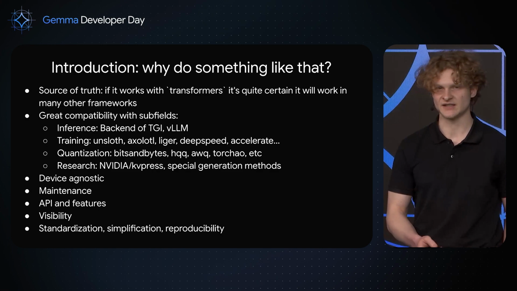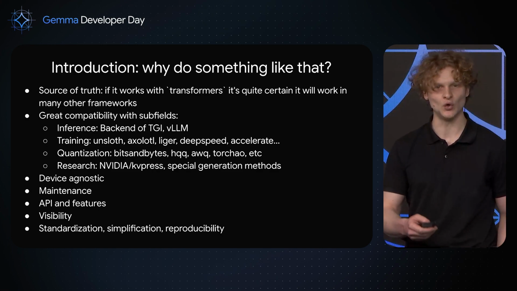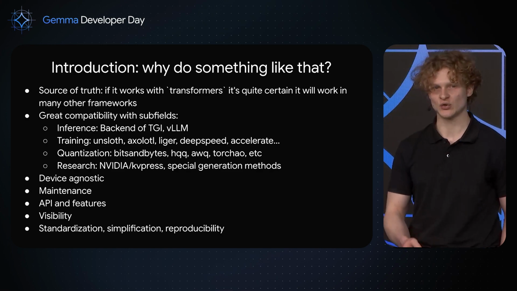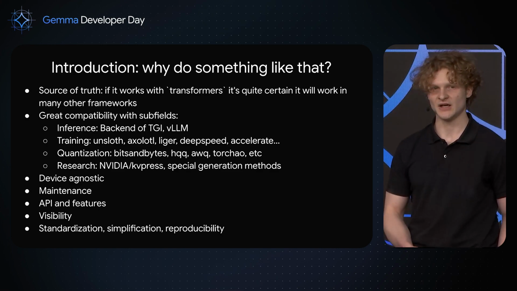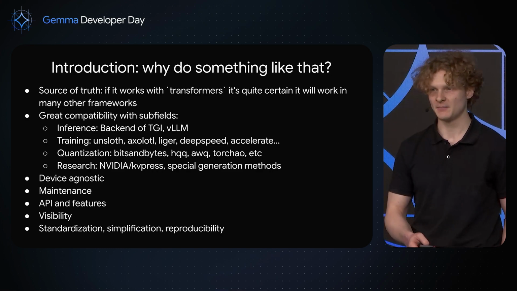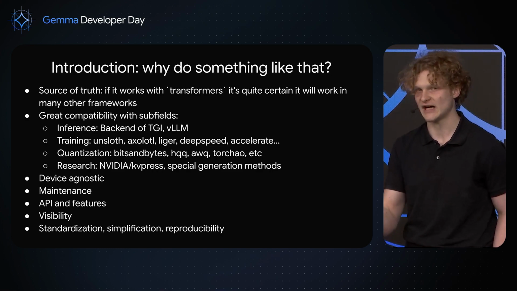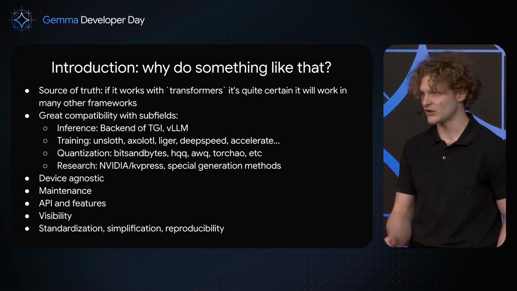And finally, this is something very important for me, because one of the main enablers for all of this is the huge work the team puts in to make sure the models go through standardization, simplification, and reproducibility. It can sound very easy, but it's not always. People always have their own version of code, and we sometimes have to force our own philosophy onto the contributors. But it has been working pretty well so far.